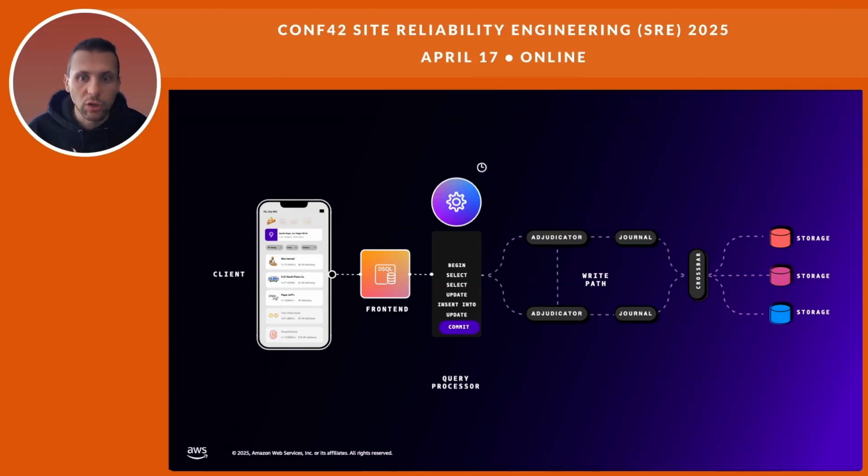It's not touching the storage yet. It's using optimistic locking, which allows concurrent writes to be done at the same time if they're not using the same rows. So in this SQL, the query processor acts as a holding tank for all these statements, waiting for a commit statement before it sends the full transaction to the adjudicators to be checked.